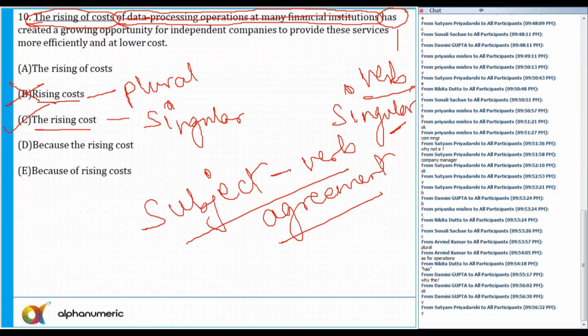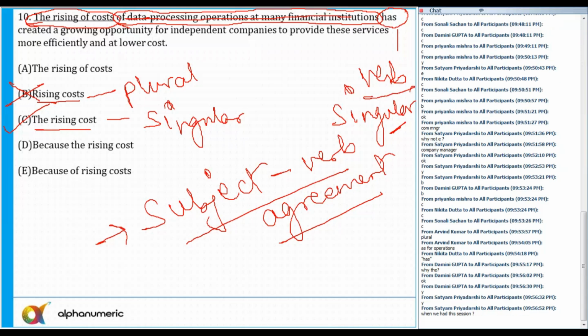Again, if you want more information about subject-verb agreement, you can go through the videos of the subject-verb agreement session that we had. We talked about it in detail. It was a very lengthy session, and we talked about different situations with examples. This was even before CAT.